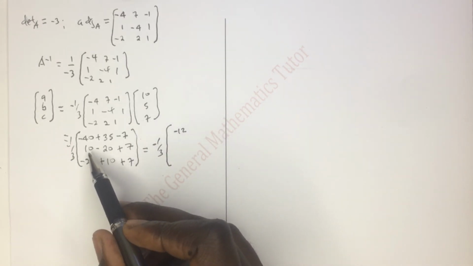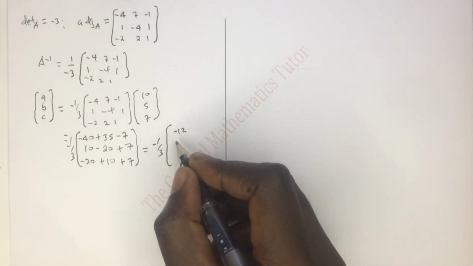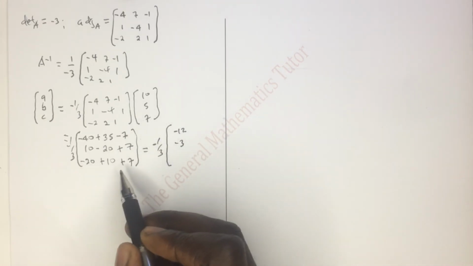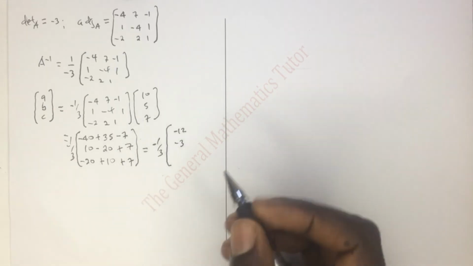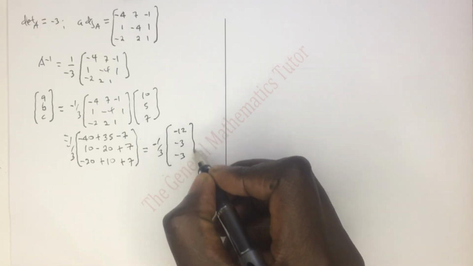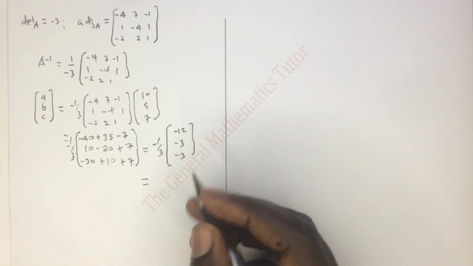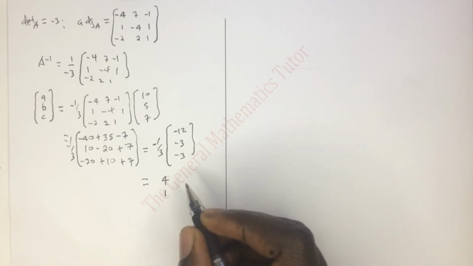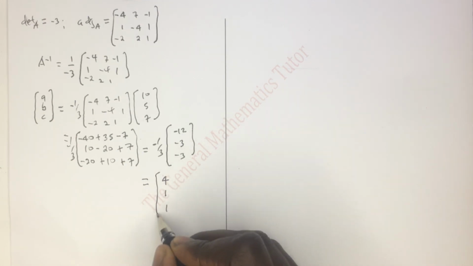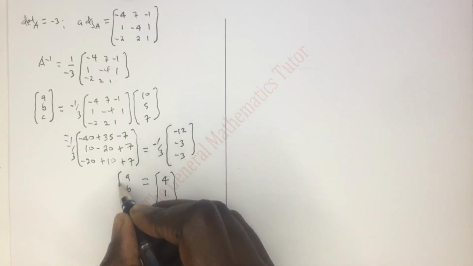Is it -17? You have 10 plus 7, that is 17, minus 20, that is -3. And down here we have 10 plus that is 17, minus that, another -3. So if we simplify this, we're going to have -1/3 times 12, that is +4. Then we have +1 and +1. So those are the values of A, B, and C.